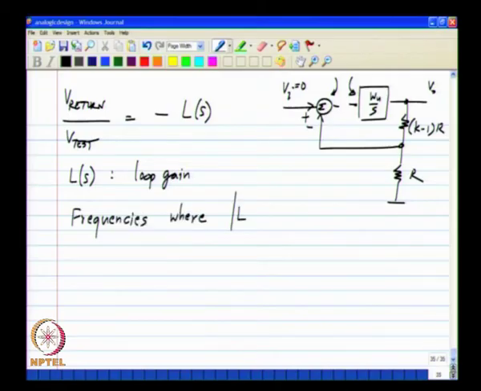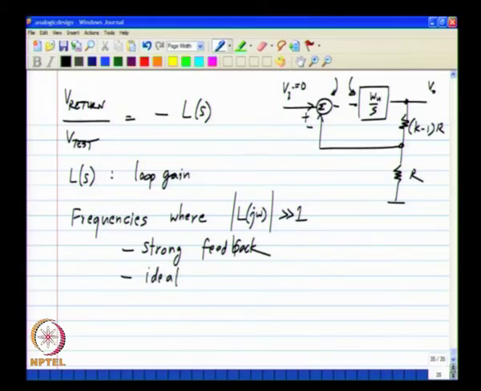The range of frequencies where the magnitude of L is much more than 1, there is strong feedback, and the amplifier behaves almost ideally, that is as you expect using the principles of negative feedback. Okay.